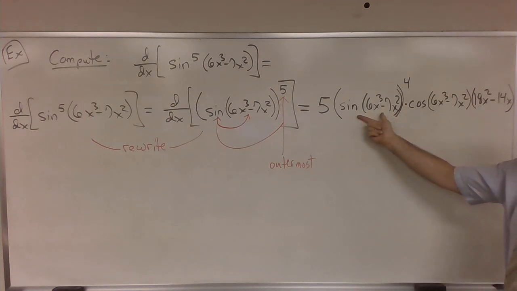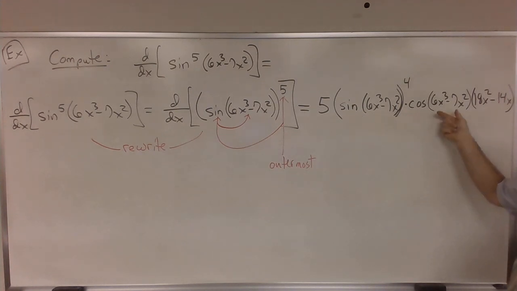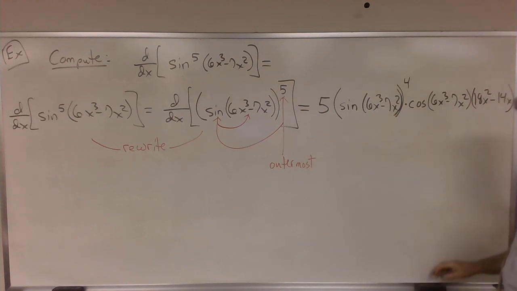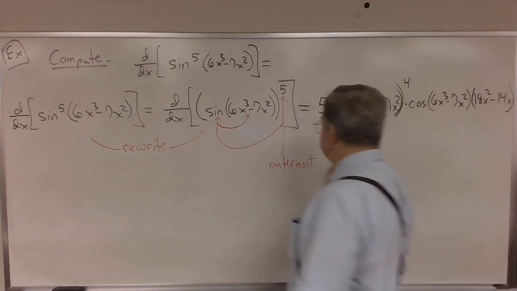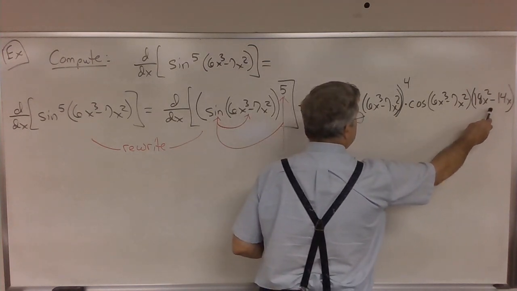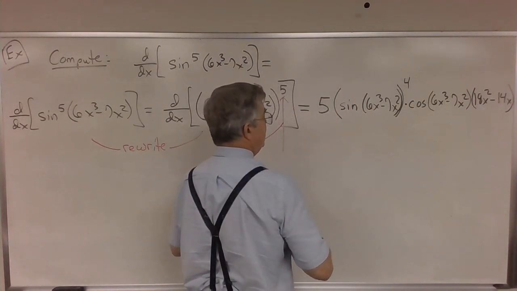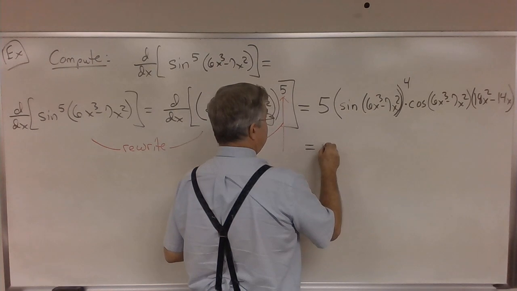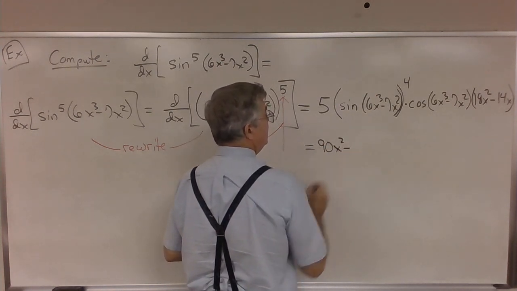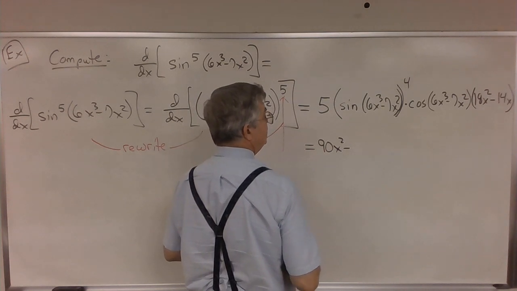Other than that, we just have sines raised to a power times cosines raised to a power. The 6x cubed minus 7x squared is not a factor. This is an inner function. So that's 90x squared, and 5 times 14 is 70.